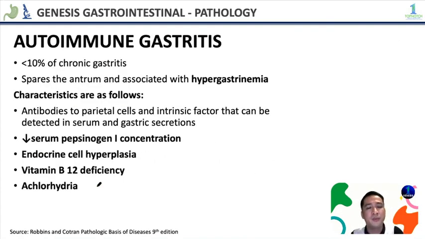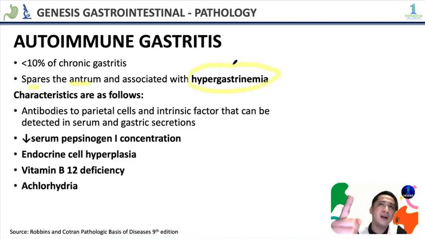Next, we have your autoimmune gastritis. Just to give emphasis on this, there's sparing of the antrum and it is associated with hypergastrinemia. Kasi nga, walang parietal cells, walang hydrochloric acid. Unlike doon sa H. pylori, wala namang hypergastrinemia, wala namang achlorhydria.